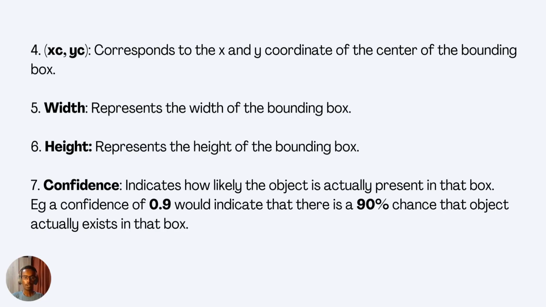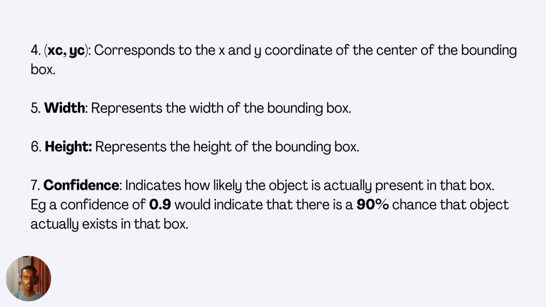And finally, we have confidence, which indicates how likely the object is actually present in that box. So if we have a rectangular box, how likely is it that the object is located within that box. For example, a confidence of 0.9 would indicate that there is a 90% chance that the object actually exists in that box.